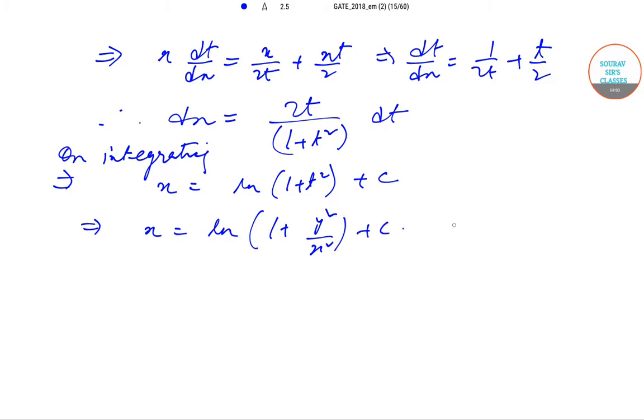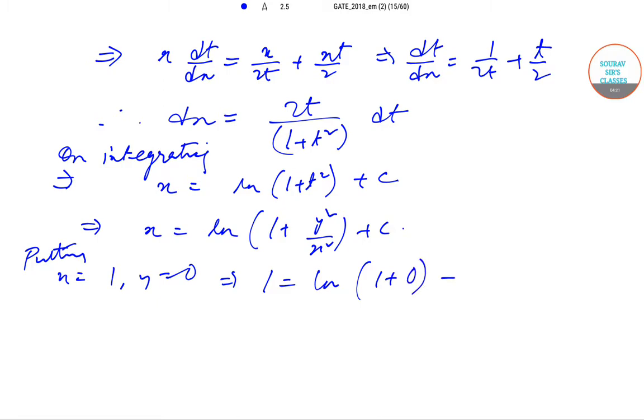Now we know that this passes through the point. Putting x equal to 1, y equal to 0, we get that 1 is equal to ln of 1 plus 0 plus c, and ln of 1 is nothing but equal to 0.